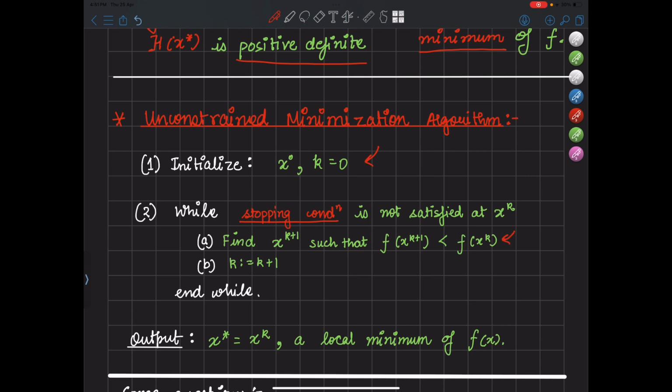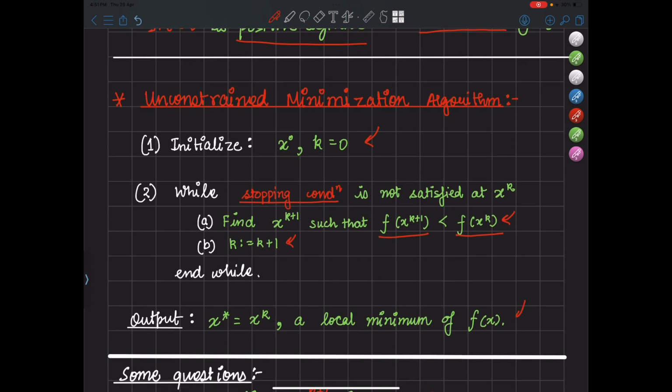We find xk plus 1 such that the function value at xk plus 1 is less than f of xk. We increase the iteration variable, and this loop continues till the stopping condition is satisfied, and then x star is equal to the final xk, which is the local minimum of f of x. This is the general outline of an unconstrained minimization algorithm.